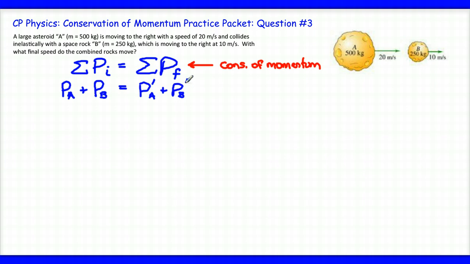Before and after the collision, all objects were moving, so I can't eliminate any of these terms, but it's prudent to separate each one of them into their constituent parts.